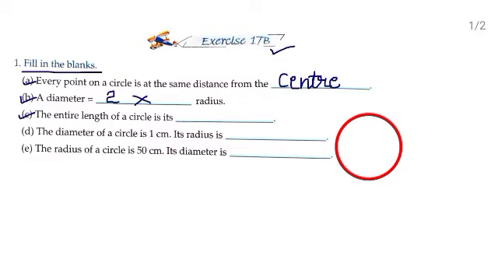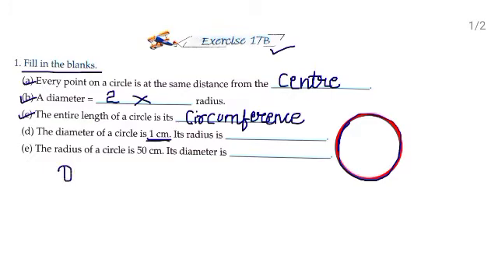The entire length of the circle, which is marked with red color, is called its circumference. So the entire length of a circle is its circumference. So write here circumference.